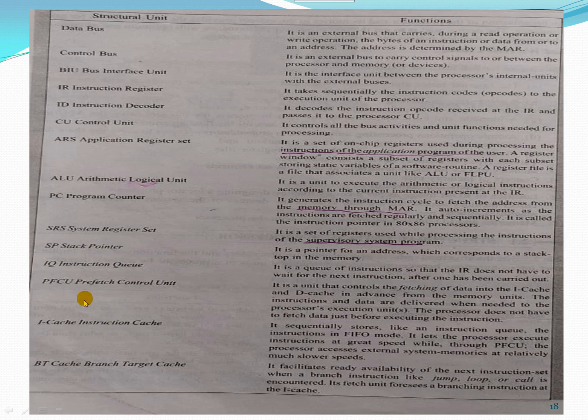So afterwards, the instruction cache is going to take those particular instructions from the queue, and the instructions and the programs are going to be supplied from this particular instruction cache only.